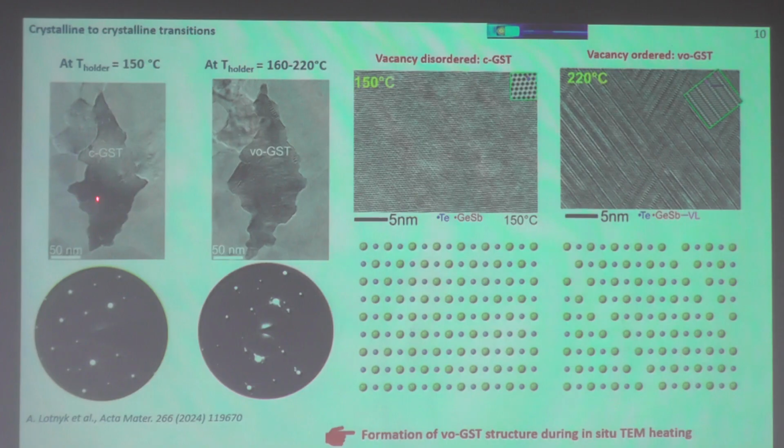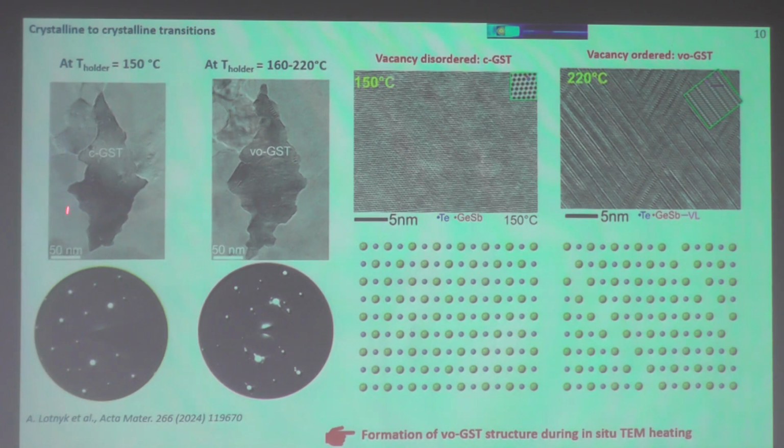So what happens if we find such a large grain in our thin film, and then heat up, can we observe other phases, like in ex situ TEM?